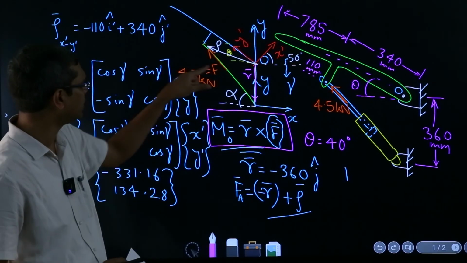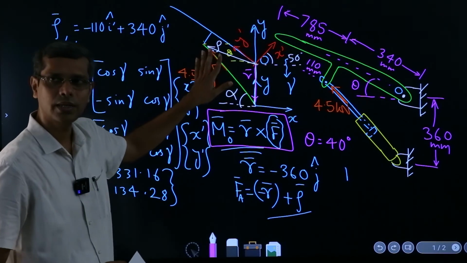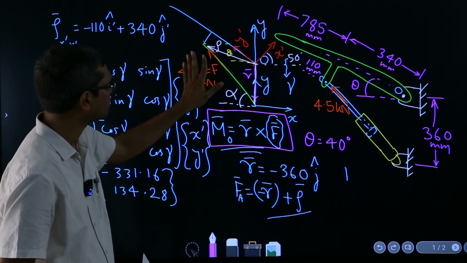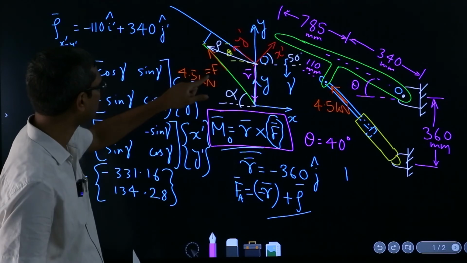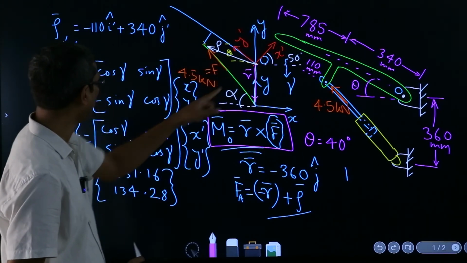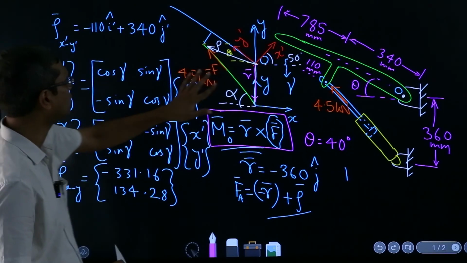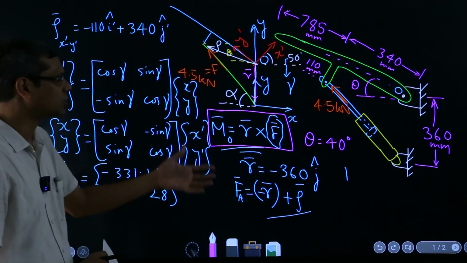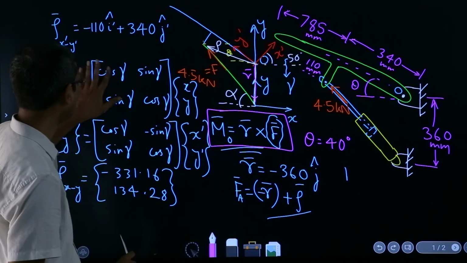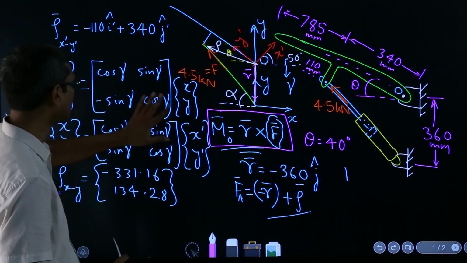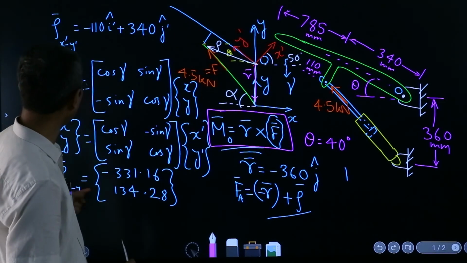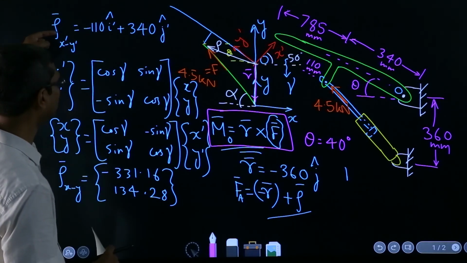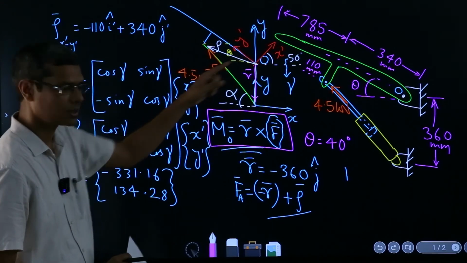Everywhere we tried to use the concepts of vectors, and in addition we used how to change different components of the same vector. Here the same vector rho is getting represented in two different coordinate systems, one primed and one unprimed, and we used the transformation property of vector components from one coordinate system to the other to figure out rho, because this was very easy to do in the primed coordinate system.